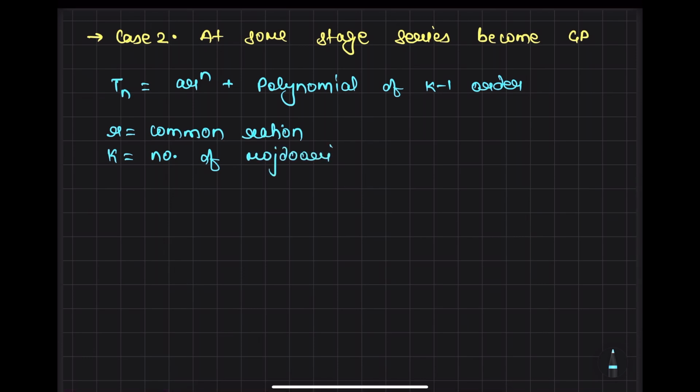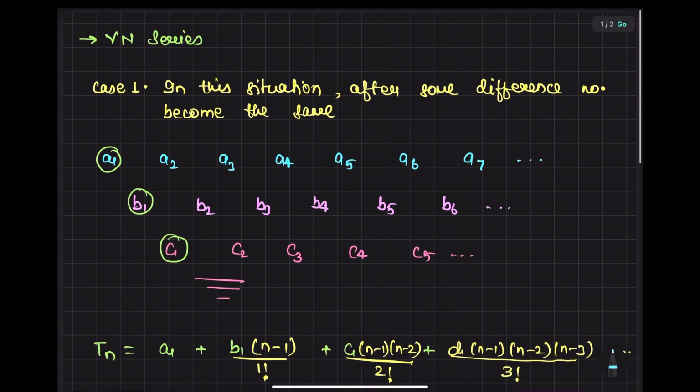Suppose you have taken 5 steps, so k becomes 5. If the number of steps is 10, then k is 10, so 10 minus 1, a 9th order polynomial you have to write. Means you have to write a polynomial of degree 9.